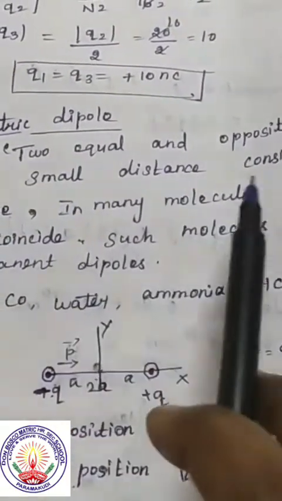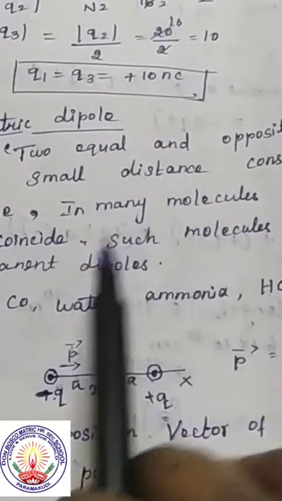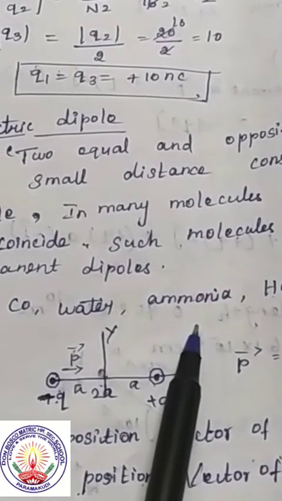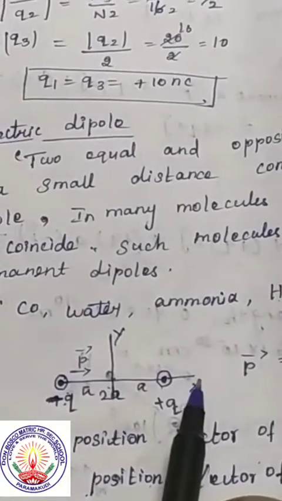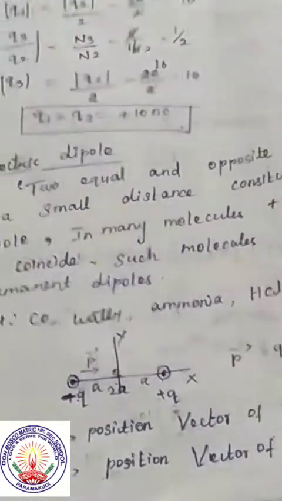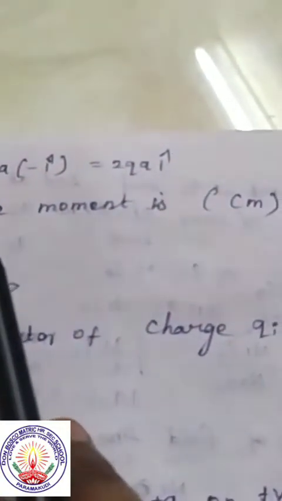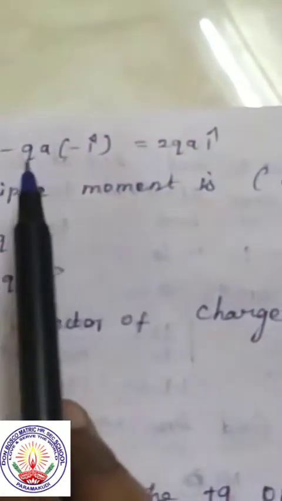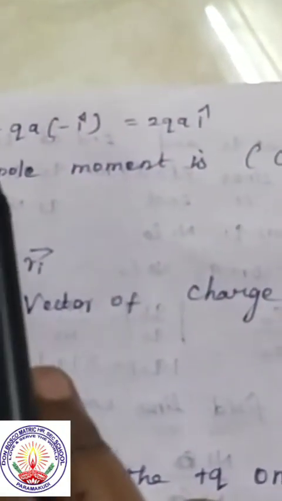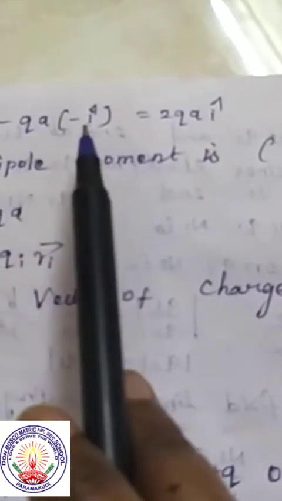So first you have to write what is the definition. Then we have to write what are the examples, then expressions. Then next we have to see, so P vector is the dipole moment. So already we know the values. So QA i cap minus QA minus i cap.